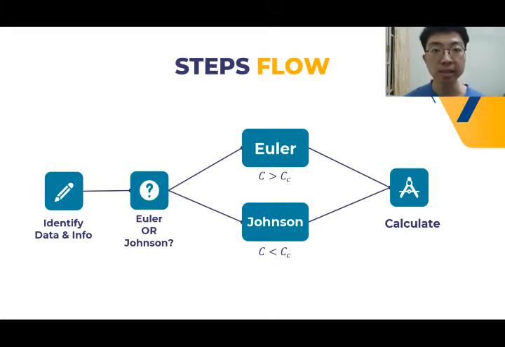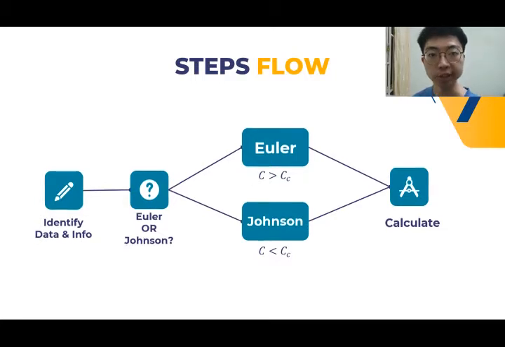When the slenderness ratio, C, is bigger than the critical slenderness ratio, CC, we should use the Euler equation. Otherwise, we use Johnson. After we have decided which equation to use, we can start to calculate.